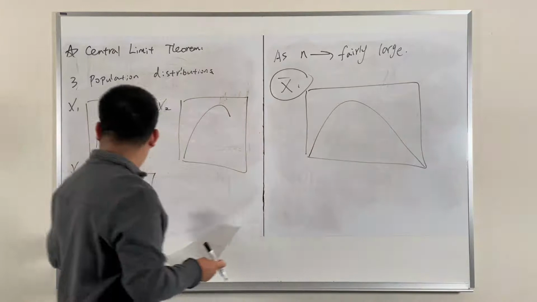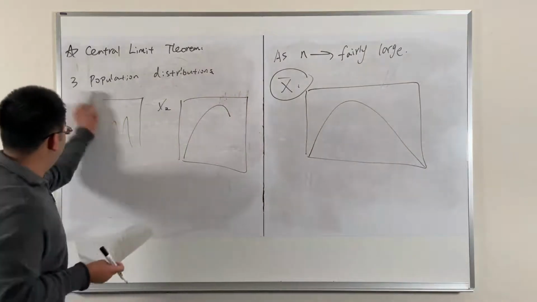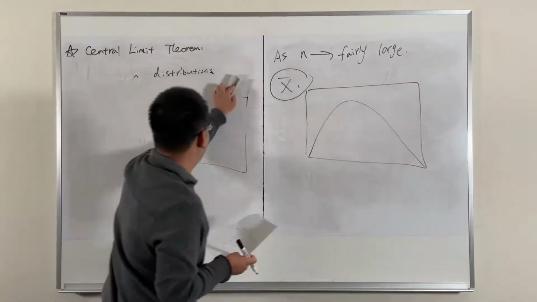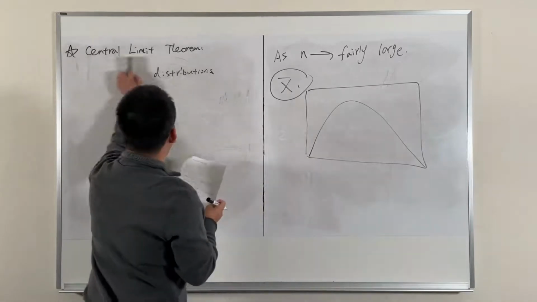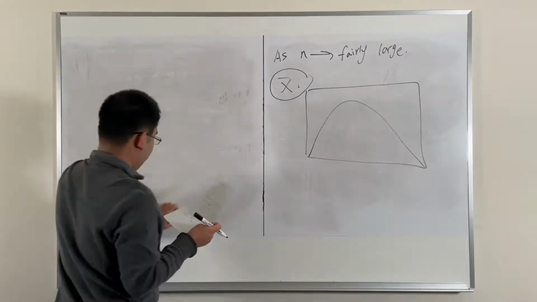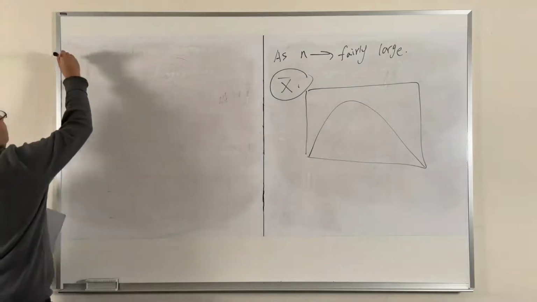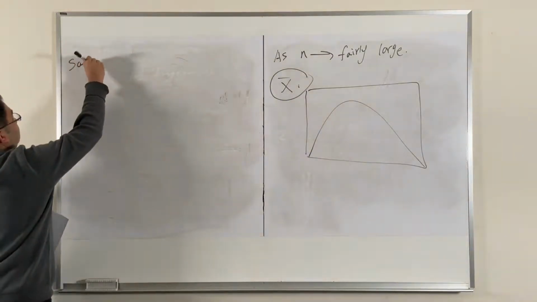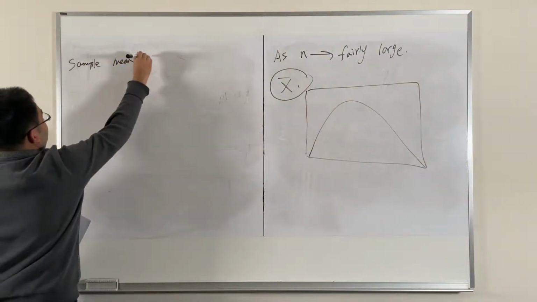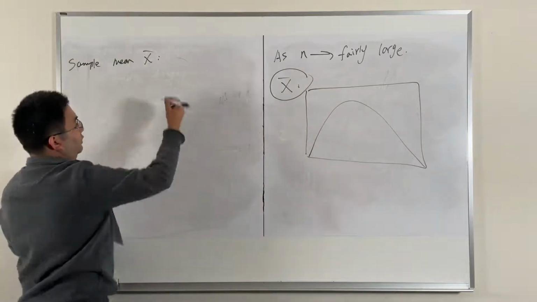Okay, so let me give you some results of the central limit theorem. Again, our sample mean x bar is a random variable.